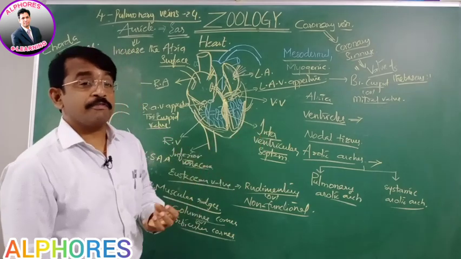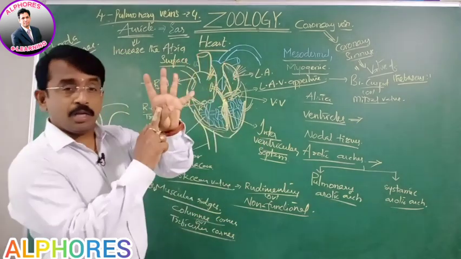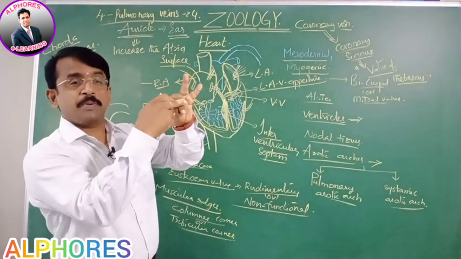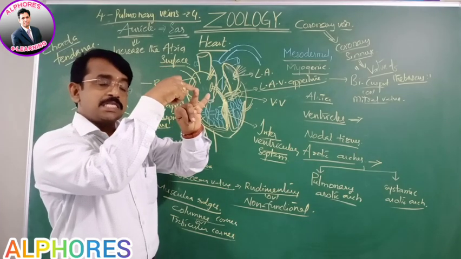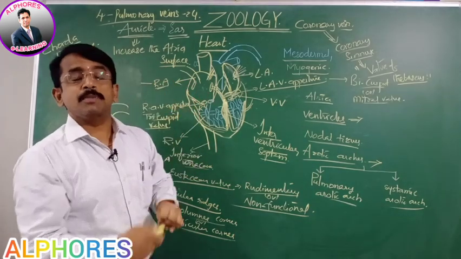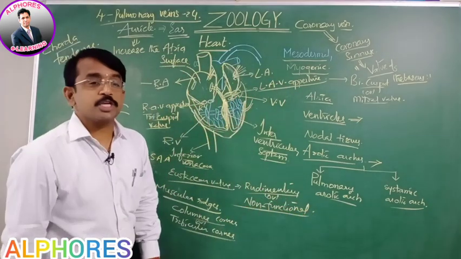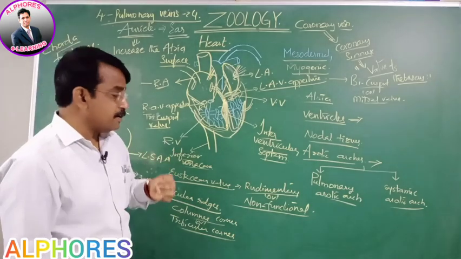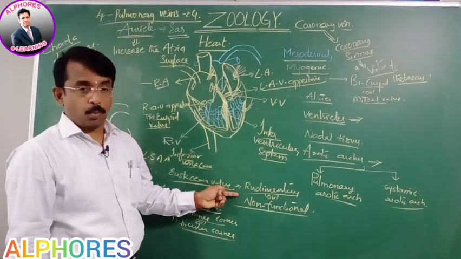So these are the valves associated with the human heart: the valve of Thebesius, bicuspid valve, tricuspid valve, the pulmonary and systemic valves, named the semilunar valves, as well as the eustachian valve. Among these, the non-functional or rudimentary one is the eustachian valve.